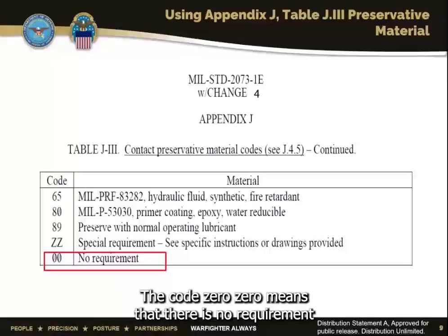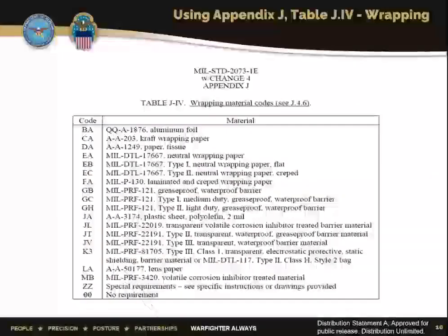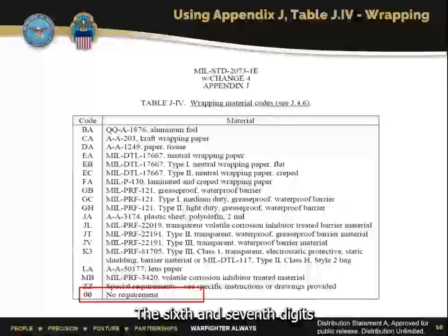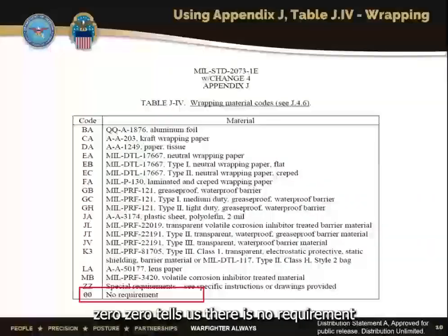The code 00 means that there is no requirement for preservative material. The sixth and seventh digits represent the wrapping requirements found in table J4. The 00 tells us that there is no requirement for wrapping.